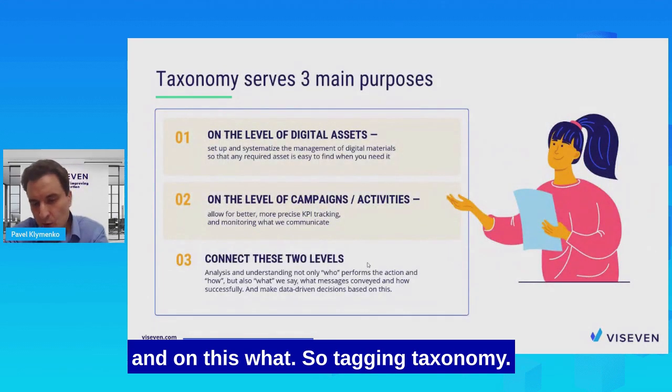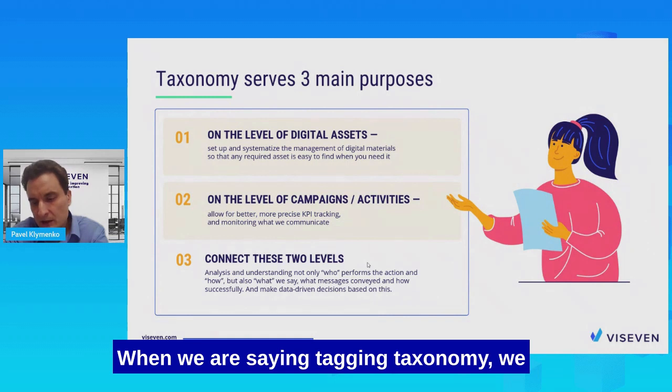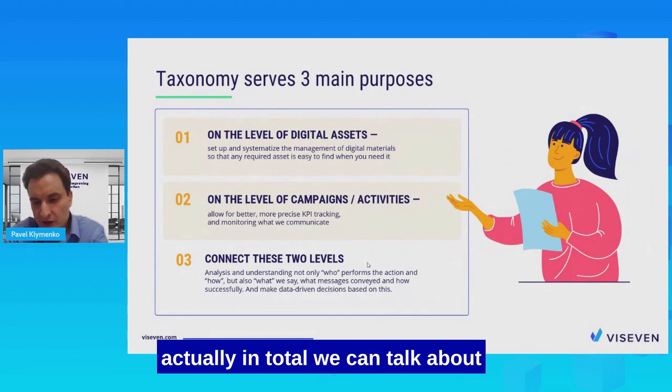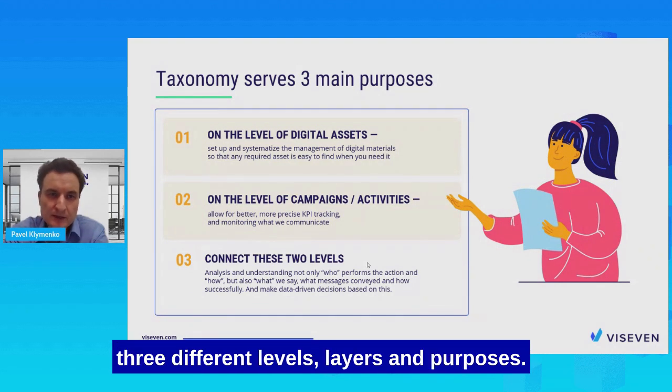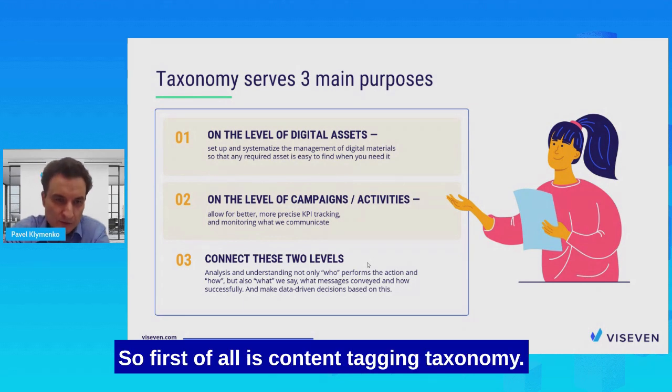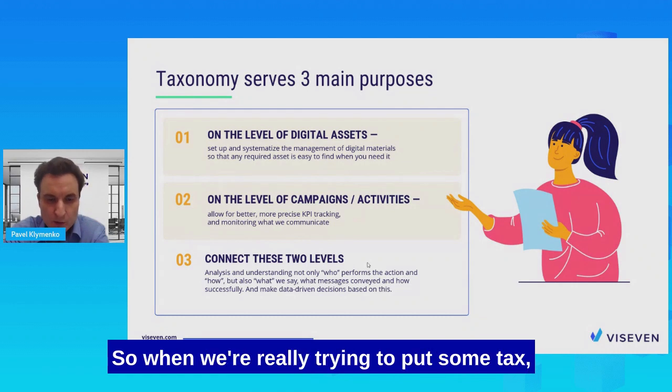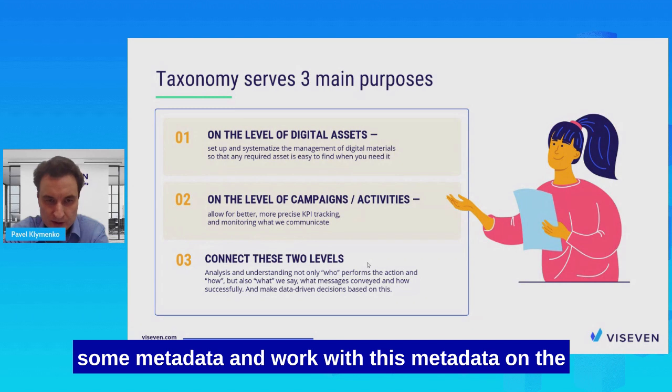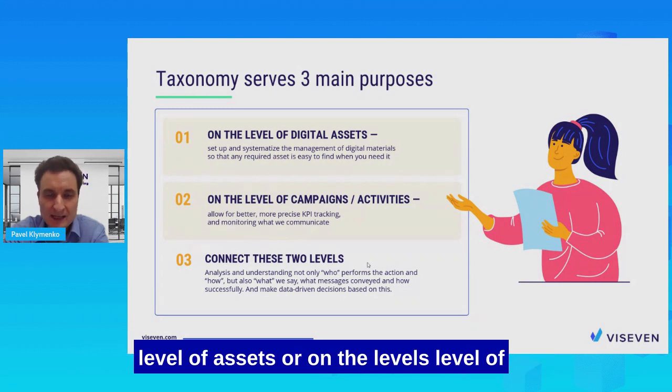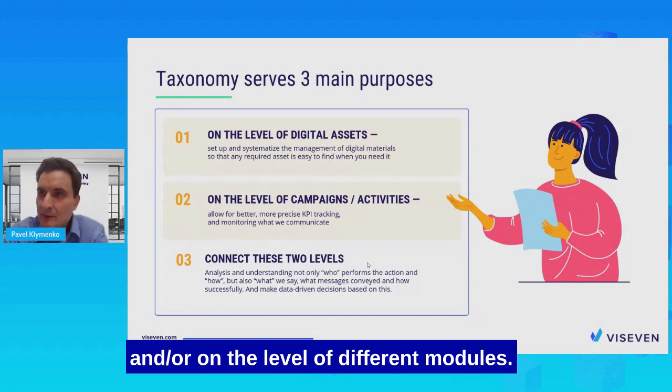When we are saying tagging taxonomy, in total we can talk about 3 different layers. First of all is content tagging taxonomy, when we're trying to put some text, some metadata, and work with this metadata on the level of assets or on the level of different modules.